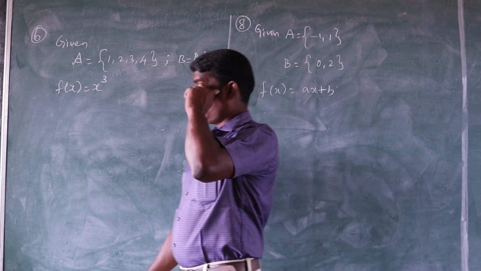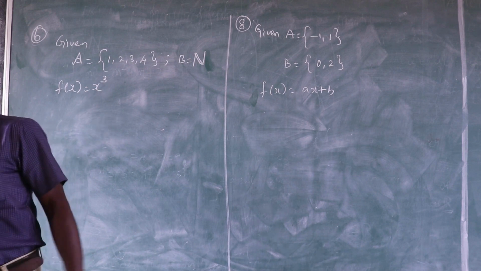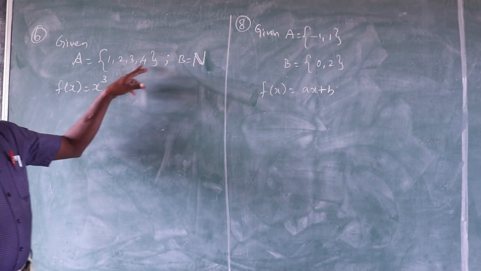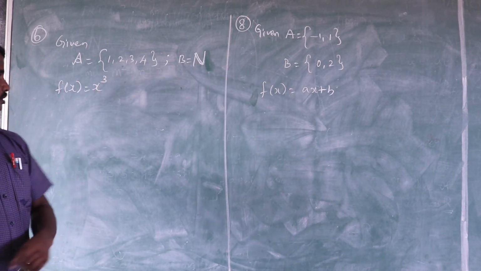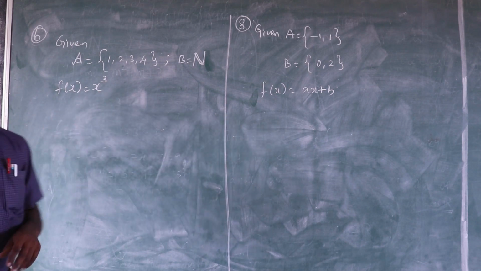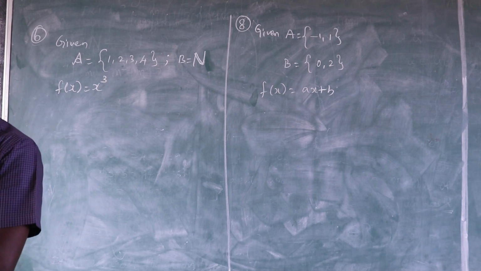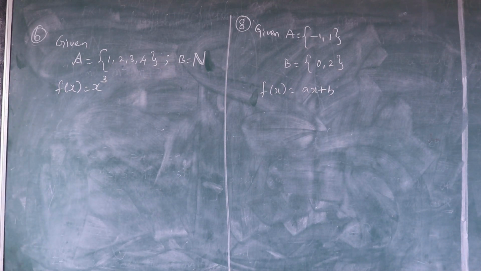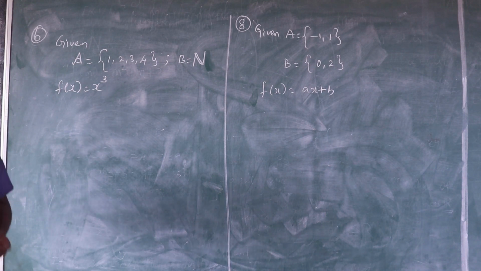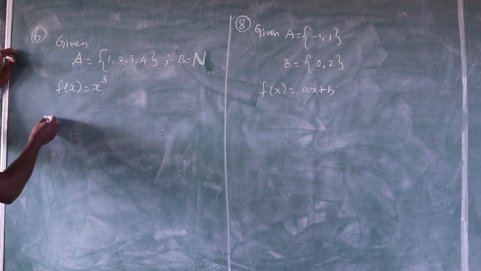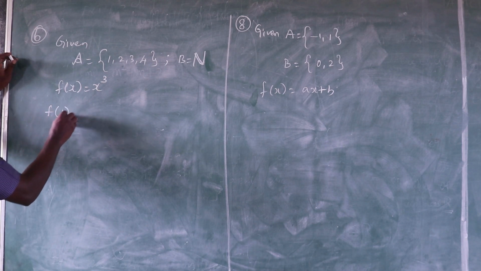Next question number 6. Given A equal to 1, 2, 3, 4 and B equal to set of all natural numbers, f of x equal to x cube. And then what's the question? Find the range of the function and then identify the type of function. So first find f of 1.